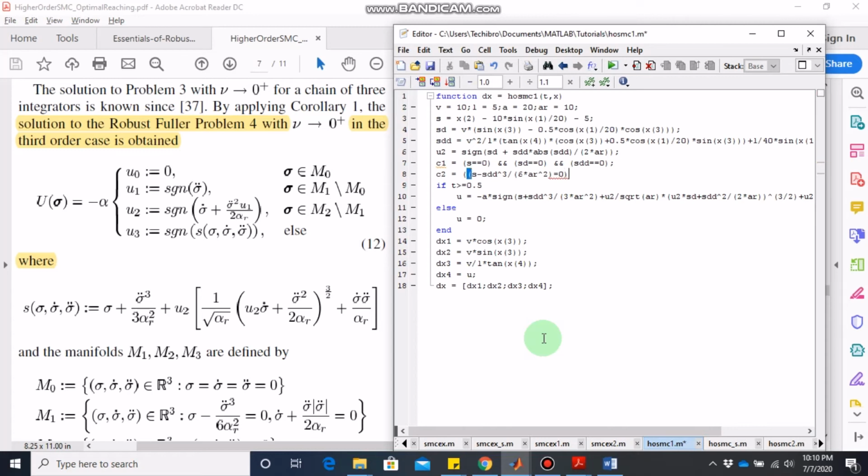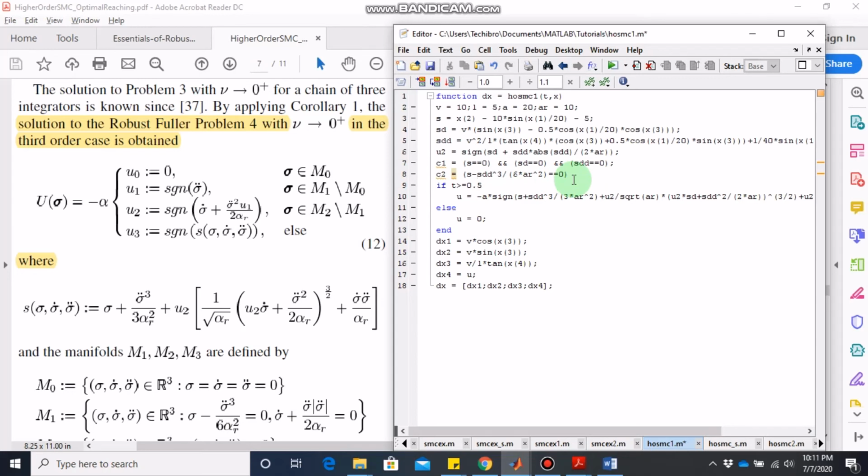So we have to put the double equal sign, the logical operator. Let me see if I have an extra parenthesis here. So this is the condition: sigma minus sigma double dot cube divided by this equals 0. I think I've got it right.